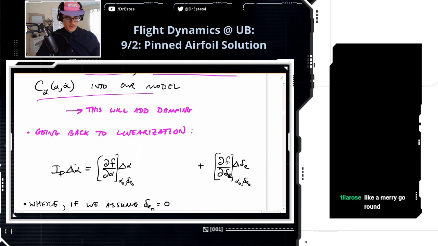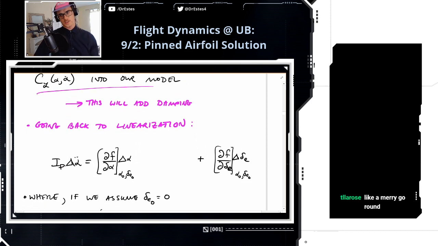So if we go back to the linearization step, we had some nonlinear equation. The right-hand side of the nonlinear equation, we just called it F. When we linearized, we differentiated with respect to all of our perturbation variables.